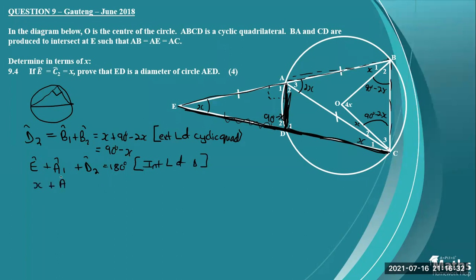Angle A1 we don't have. D2 is 90 degrees minus x is equal to 180 degrees. So angle A1, therefore, will be equal to 180 minus 90, which is 90, and the x's will cancel out. So therefore, ED is a diameter.